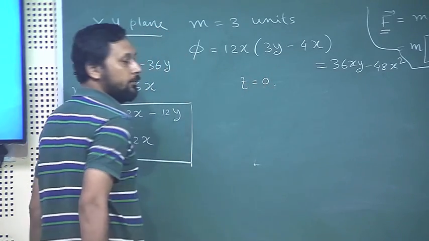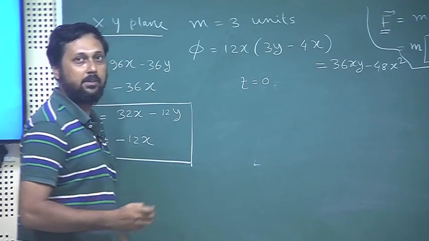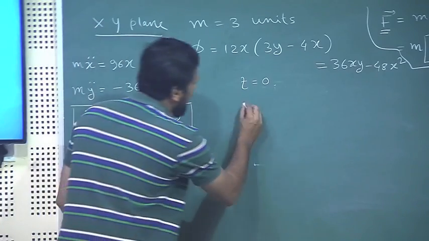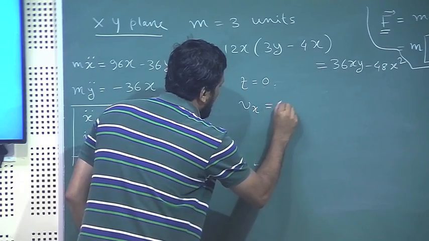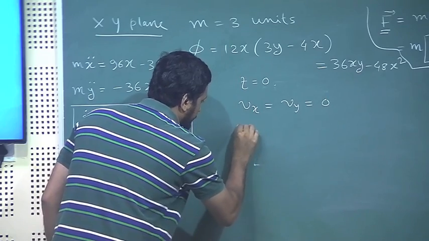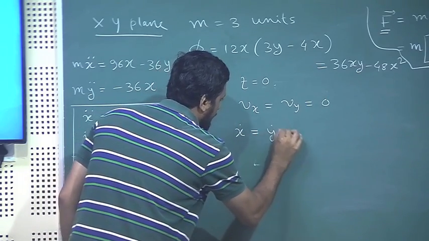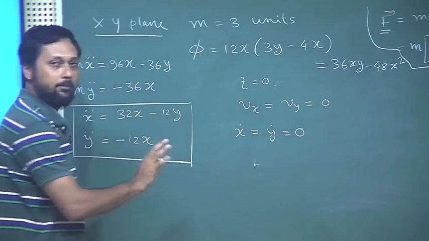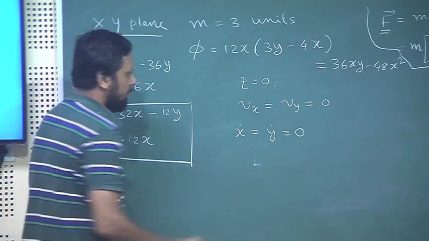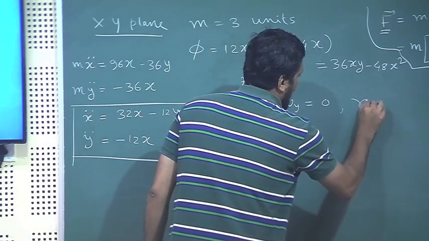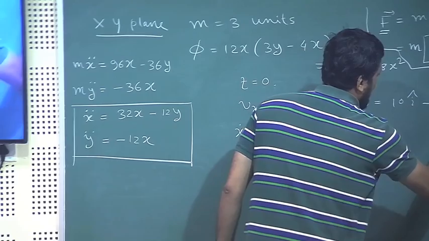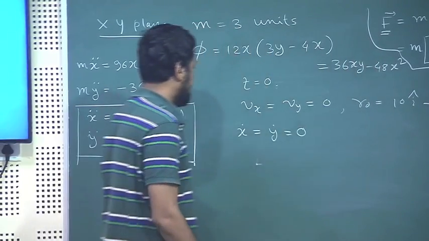At t equal to 0 start, please remember the statement of the problem, the particle starts from rest, that means Vx equal to Vy equal to 0, or x dot equal to y dot equal to 0. So, that means there is no motion, and also the initial coordinate is given as r0 equal to 10 i cap minus 10 j cap.